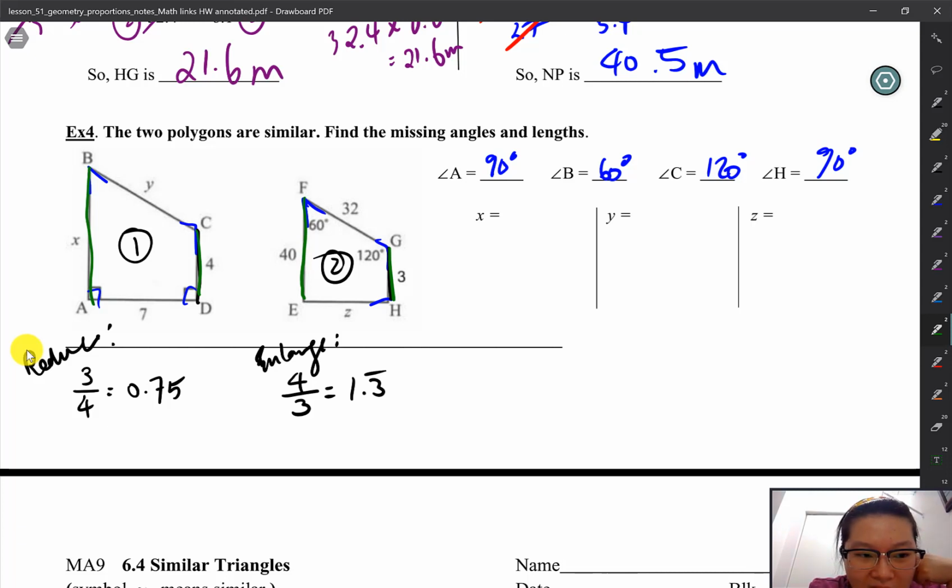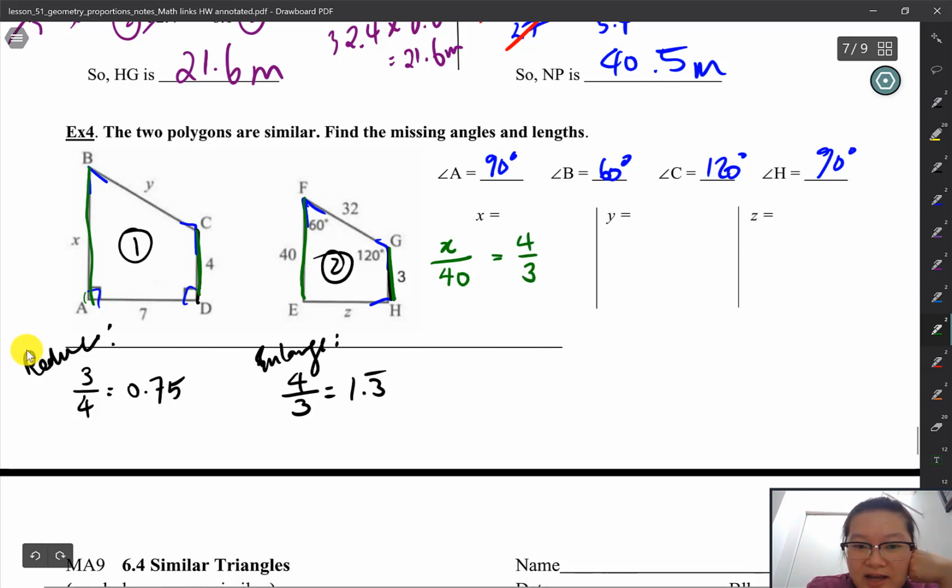If we want x on top, 40 is on the bottom because this is the ratio. x to 40 should be the same as this. You've got to make sure the order of the polygons is the same. So 1 to 2, x to 40, is the same as 4 to 3 for the other side length.